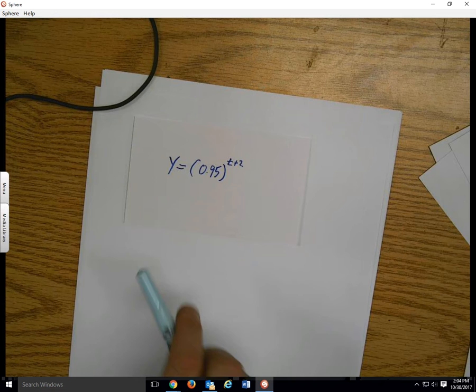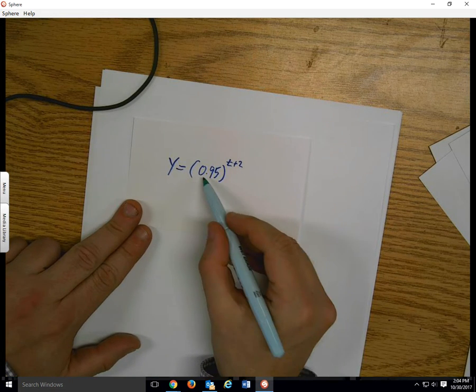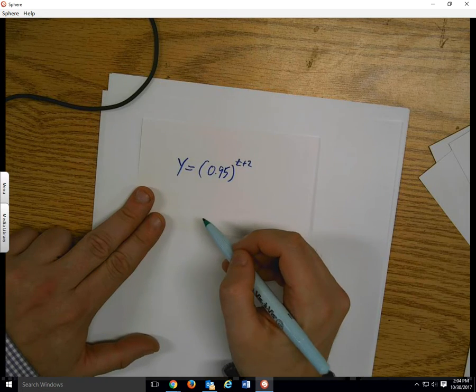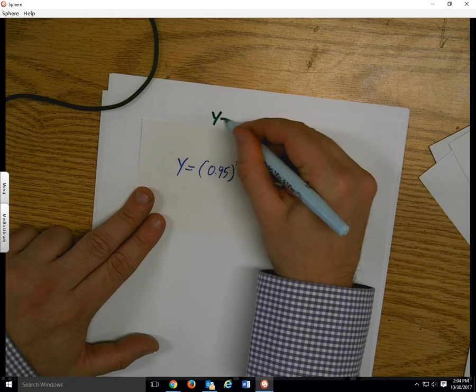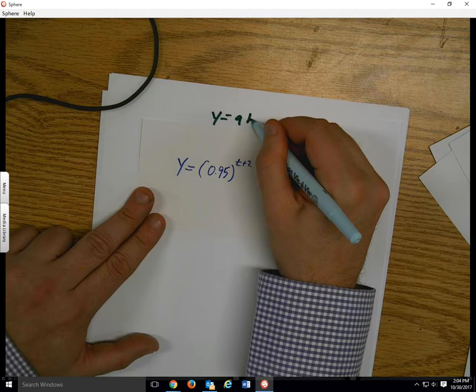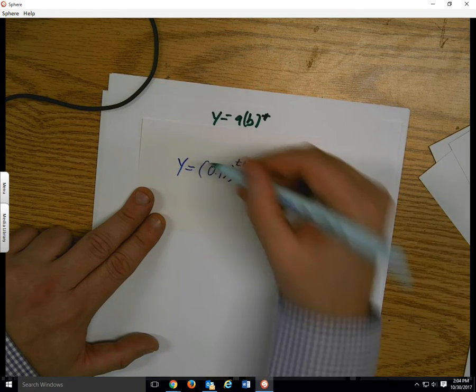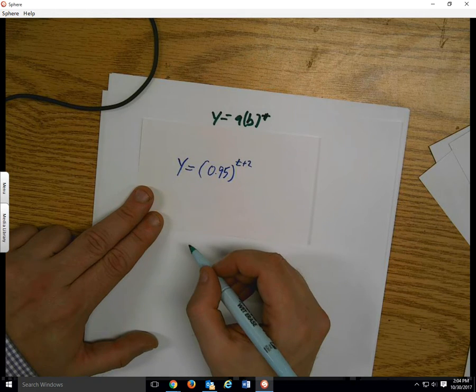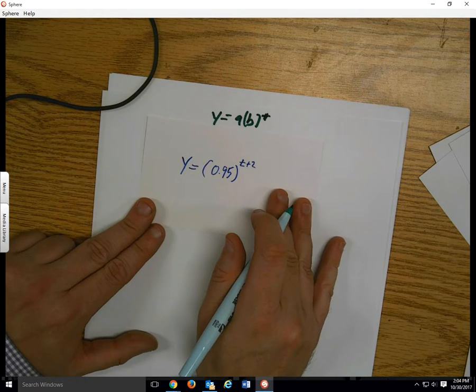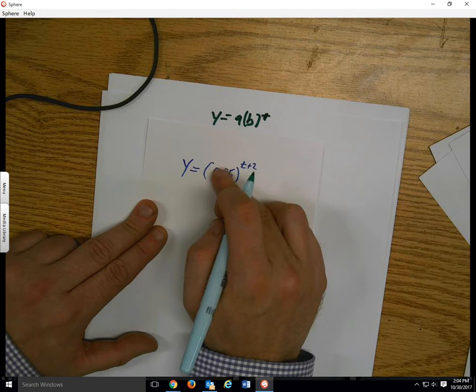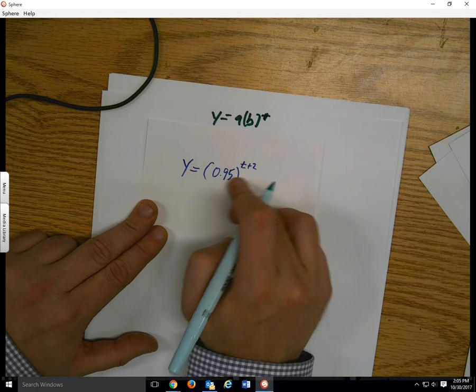So we have y equals, notice there's no a here, there's just the b on this one. You remember the form is y equals a b to the t power, but we don't really have an a on the outside. Okay, so let's work this right out. Now the exponents are going to go to both of these.